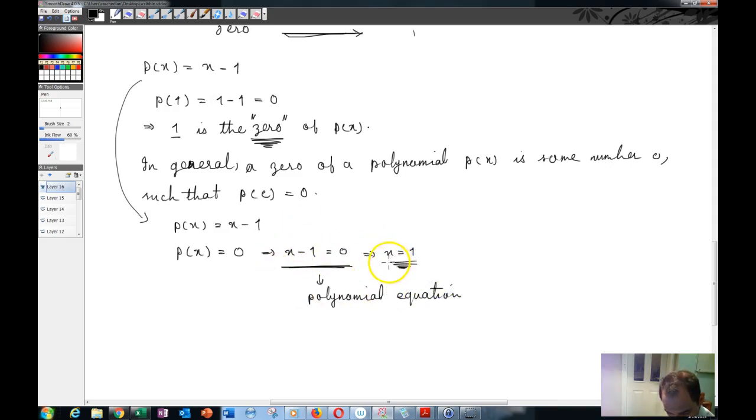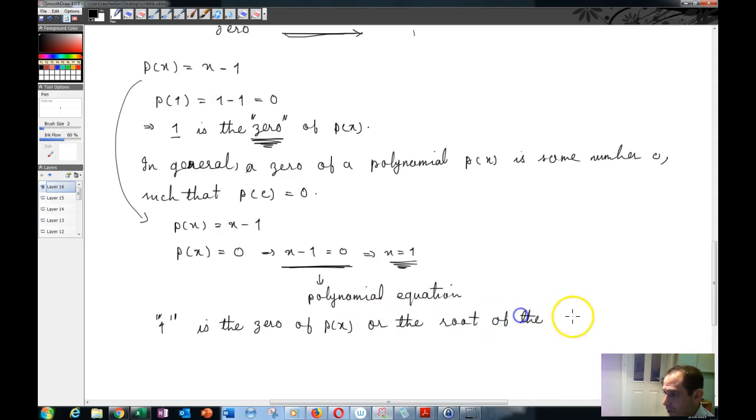So then you can say that 1 is the 0 of p of x, of that polynomial we were talking about, or the root of the polynomial equation x minus 1 is equal to 0.